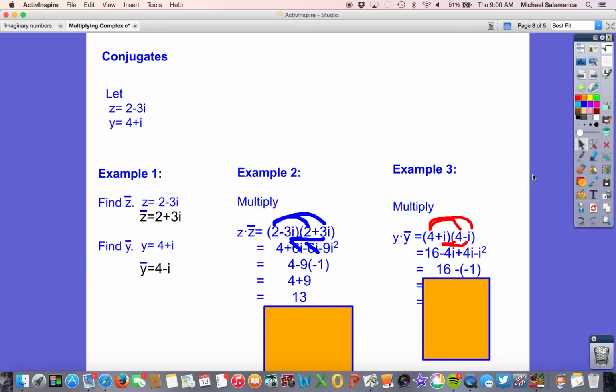Again, we simplify that out. That means the negative 4i and the positive 4i cancel each other out, and you're left with 16 minus i squared, and i squared is negative 1. You're left with 16 plus 1, and that's 17.